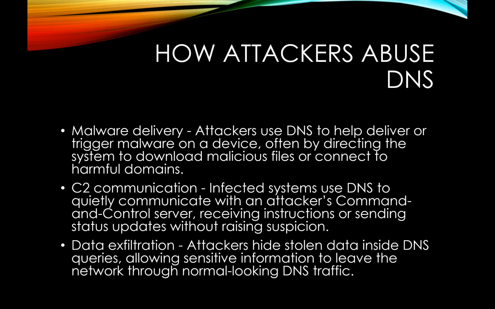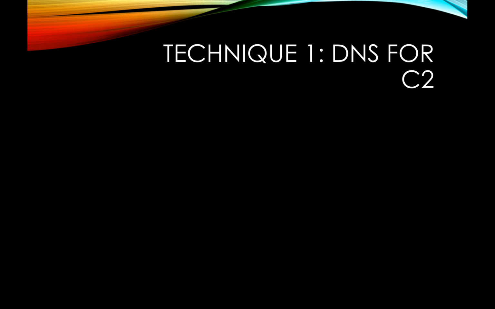If that happens, then data exfiltration takes place, where attackers hide stolen data inside DNS queries. So they hide a malicious attempt or malicious code inside trusted DNS, allowing sensitive information to leave the network through normal-looking DNS traffic.